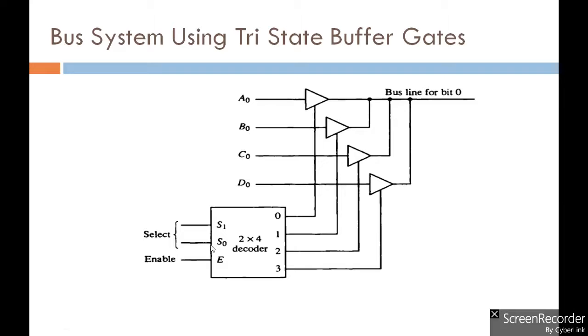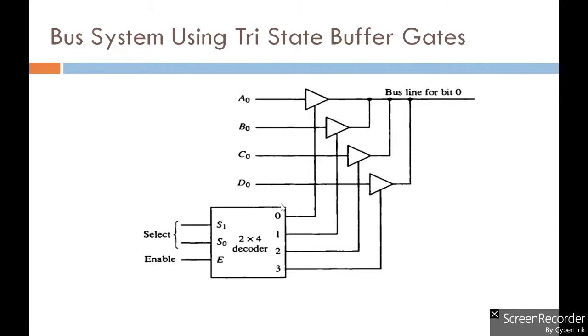So I have to apply 0, 0 to S1 and S0. So 0, 0 will select this 0 line and will transfer 1 here to the control input C of the first tri-state buffer gate, so that it will allow to transmit data A0 to the output line.